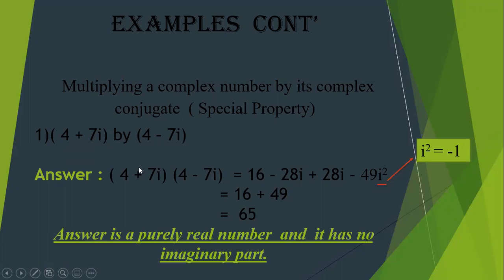Let's multiply. Let's expand these two brackets, 4 plus 7i and 4 minus 7i. So let's go, let's read it together. 4 times 4 is 16. 4 times minus 7i is minus 28i. 7i times 4 is 28i. 7i times minus 7i is minus 49i squared.